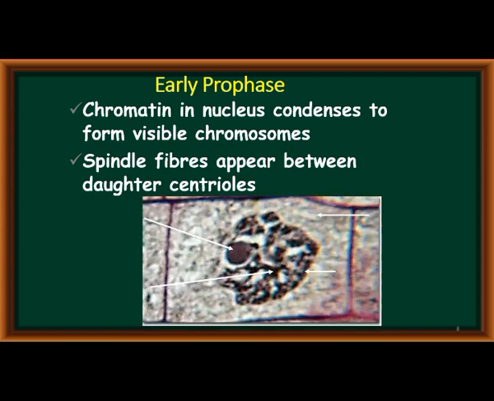So, this is the cell which undergoes early prophase. This is the cytoplasm. This is the nuclear membrane of the nucleus. These are the chromosomes, and this is the nucleolus.